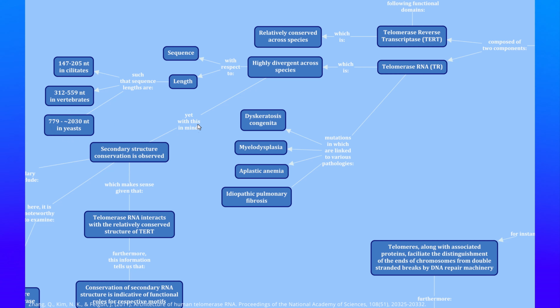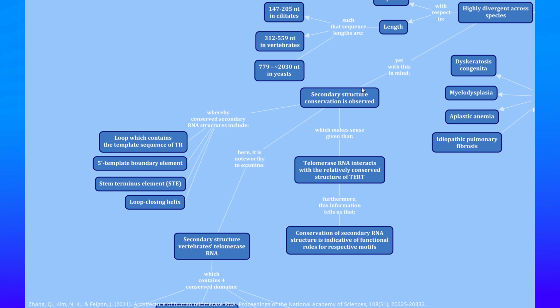And what you have to keep in mind here is that the secondary structure is relatively conserved. Or to be more accurate, I should say that secondary structure conservation can be observed. And this makes sense given that telomerase RNA interacts with the relatively conserved structure of TERT.